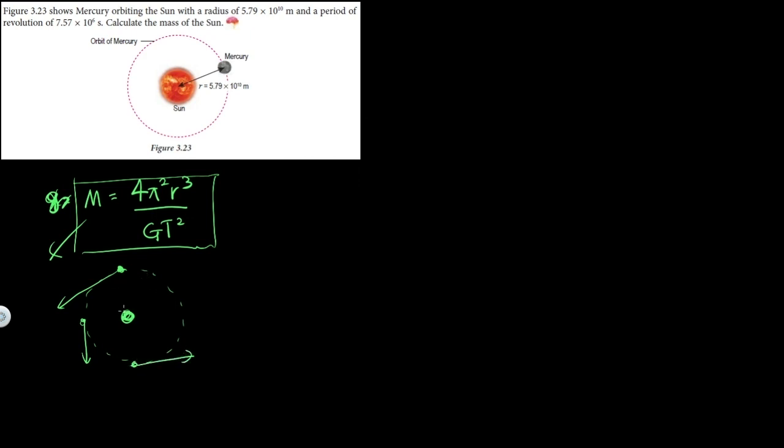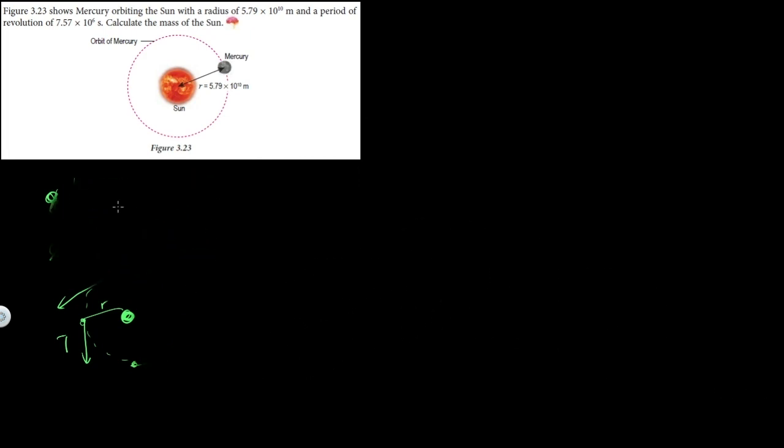So we can find the mass of the earth, or with the earth orbiting the sun, we can find the mass of the sun. So we can find the mass of the object at the center by using the period together with the distance between these two objects. So let's begin our example.